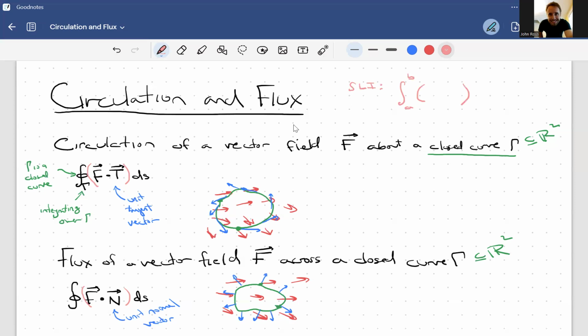This is the f dot t, or f dot n, but calculated as a scalar quantity. And then just as a reminder, at the very end here, we will need our x prime of t dt. So that is our formula for a scalar line integral, and we'll be using that for both circulation and flux.